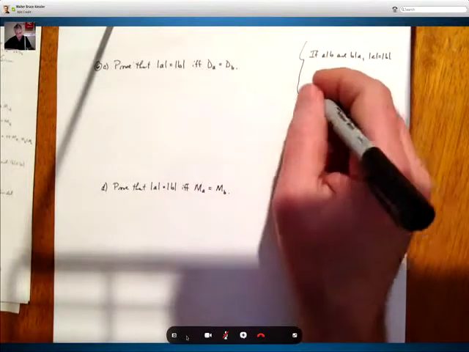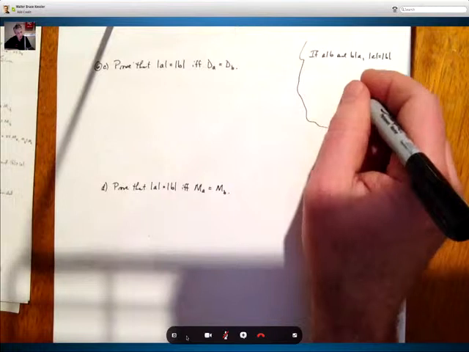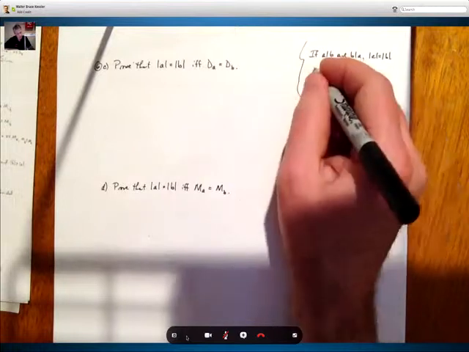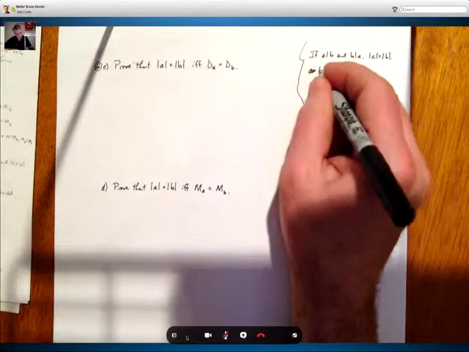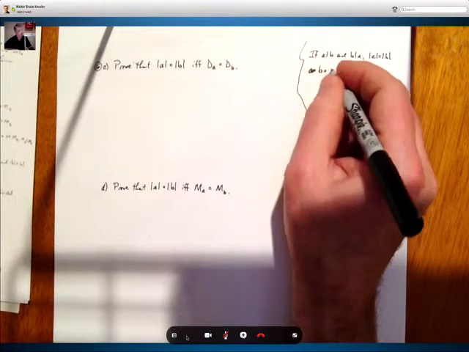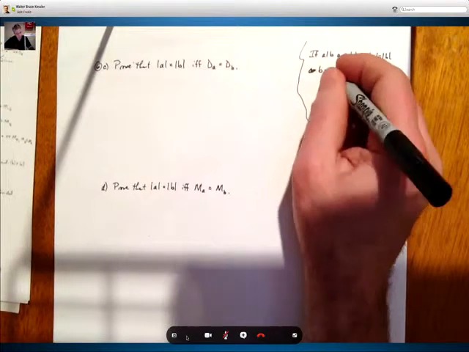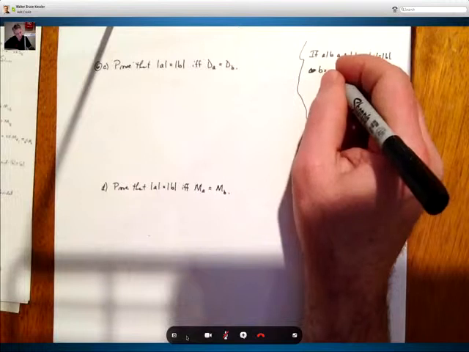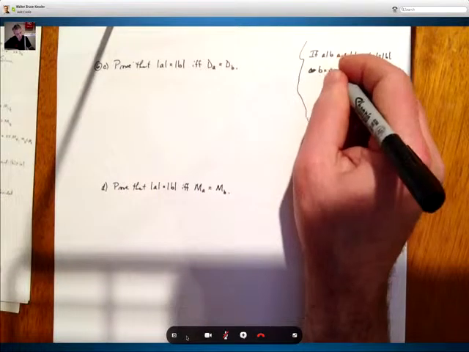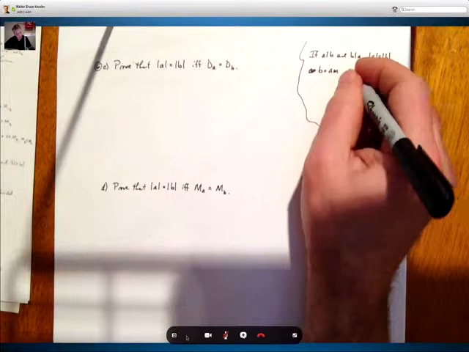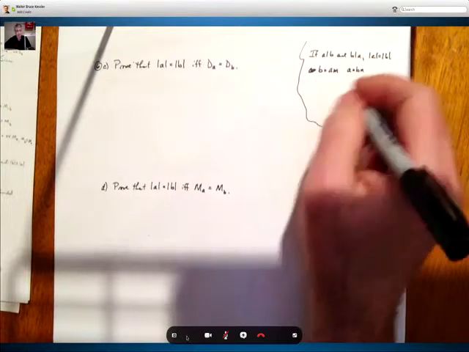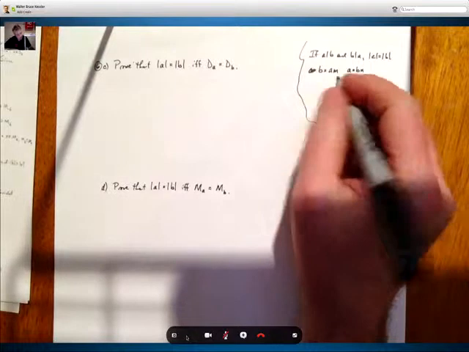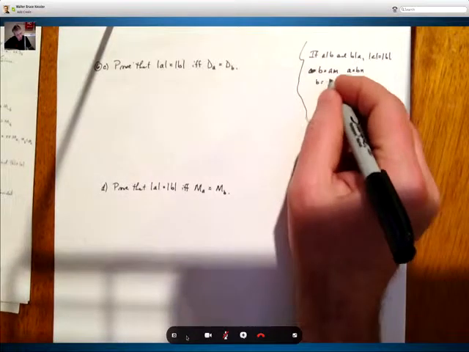And the way they showed this, you can see the proof is quite nice. They say if A divides B, then you've got B is A times M, and then here A is B times N, for some integers M and N.